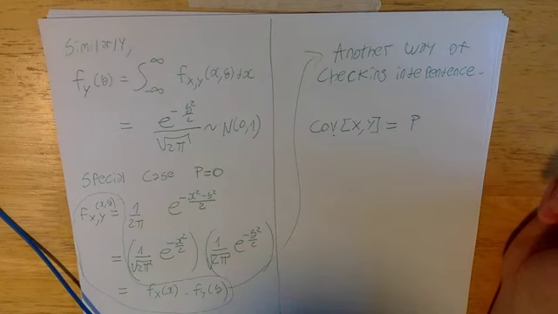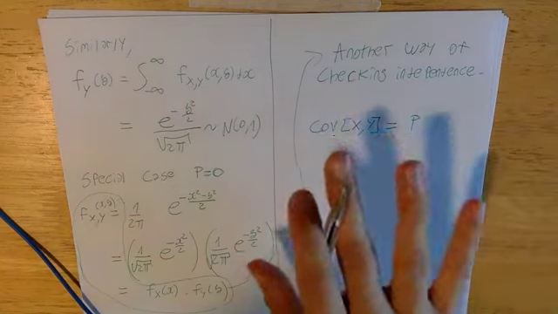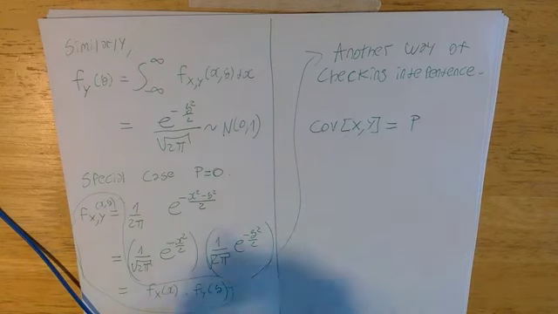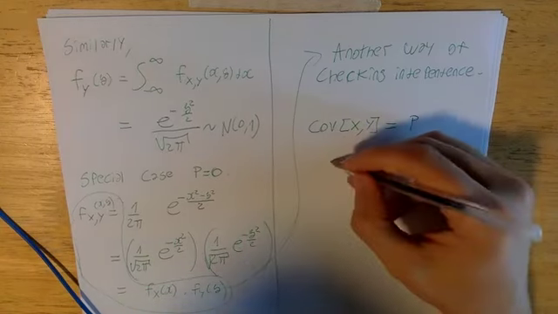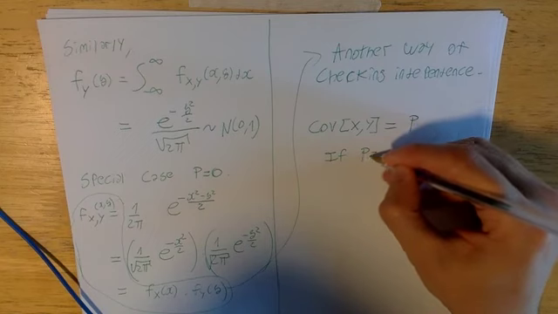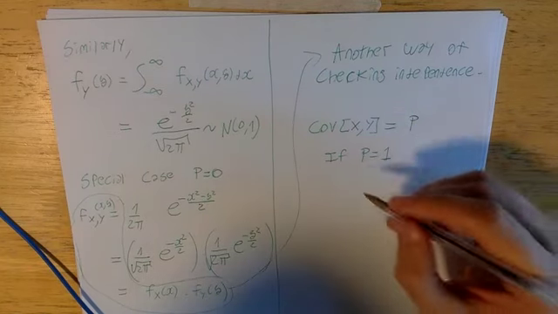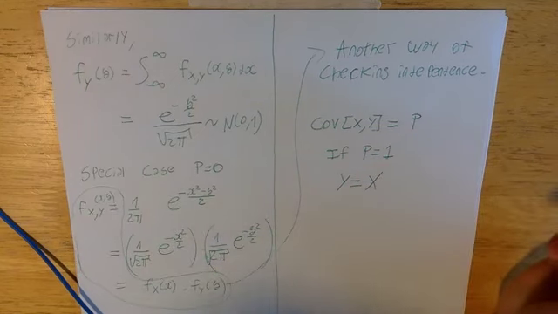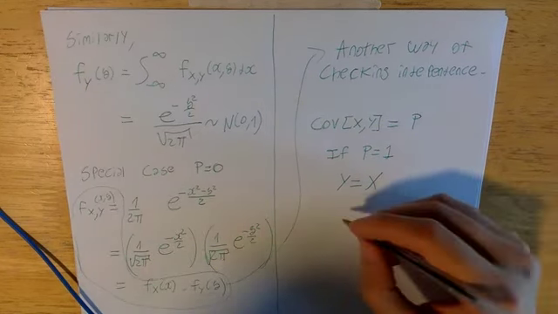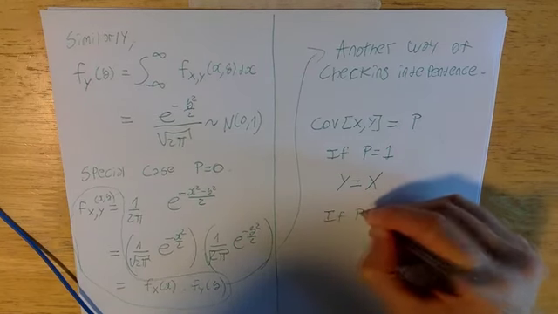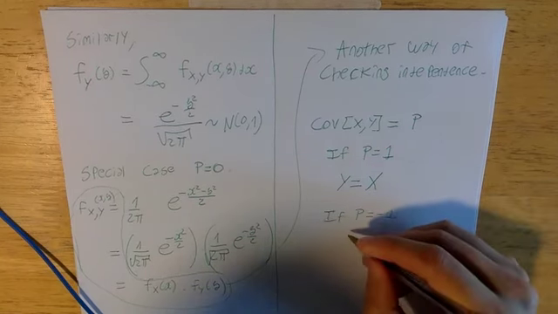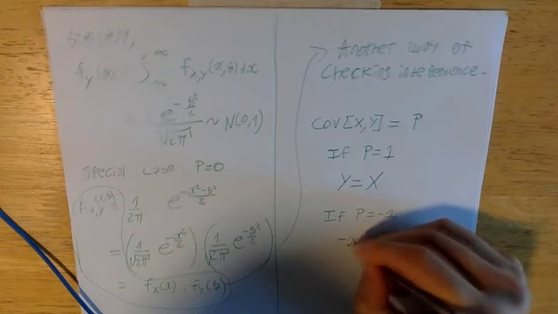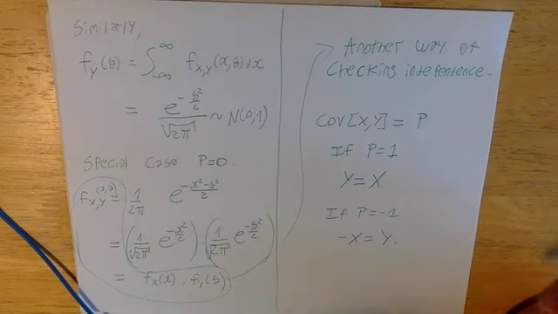When p is equal to 1, x and y are completely determined: you can check that y is equal to x. And if p is equal to minus 1, then minus x is equal to y.